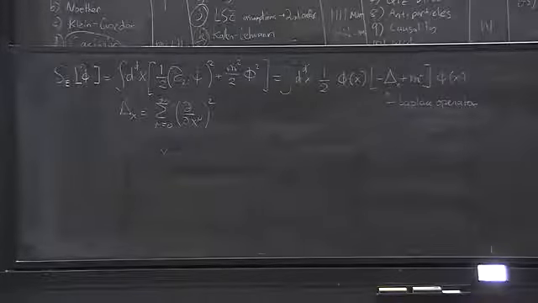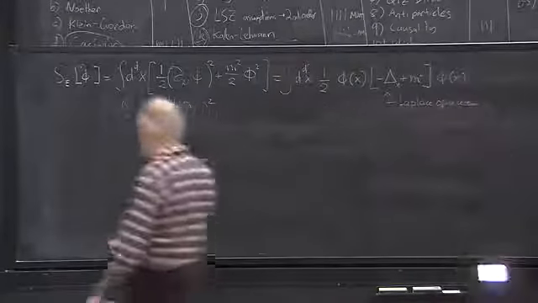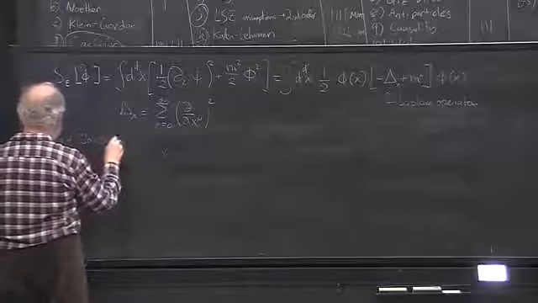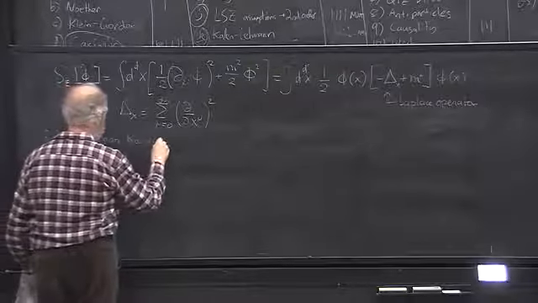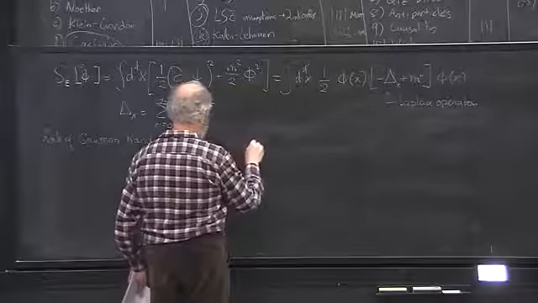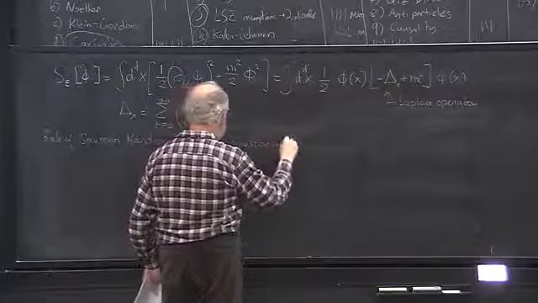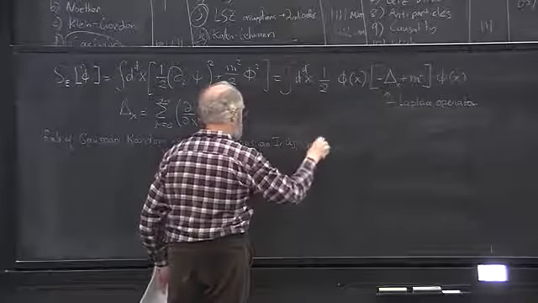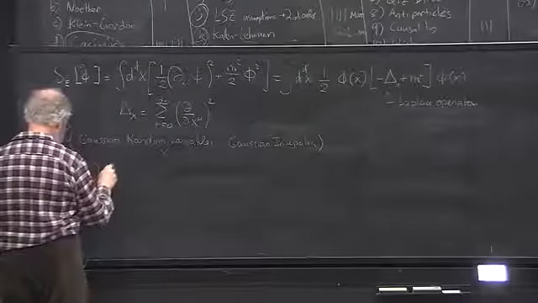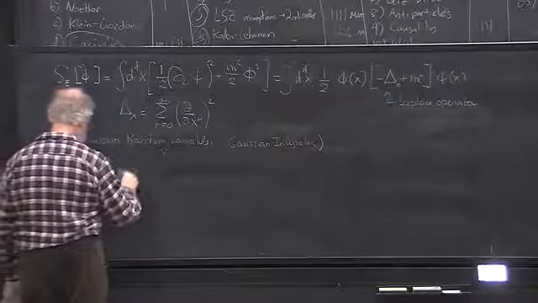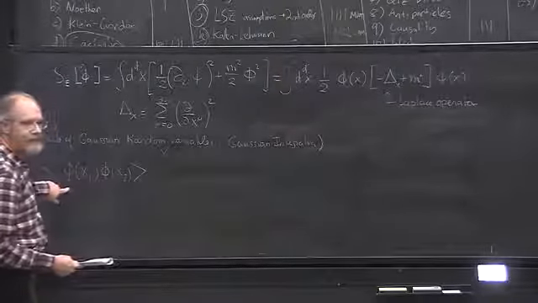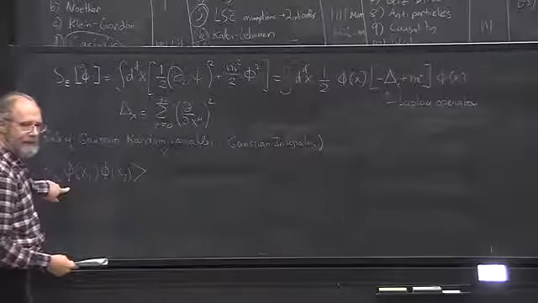So the rules of Gaussian integration say that the expectation value of two random variables, here phi of x1 and phi of x2, the expectation value of the product, is what is called the variance, the cumulant.